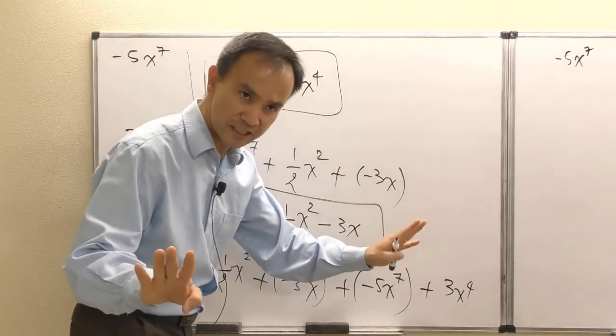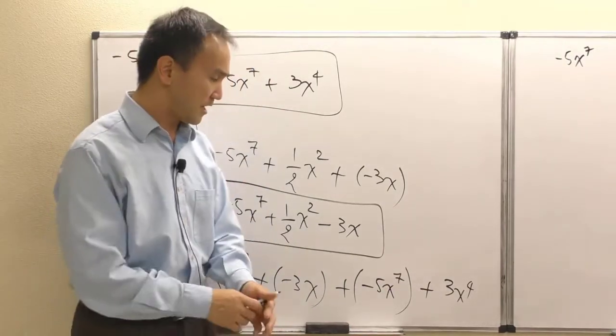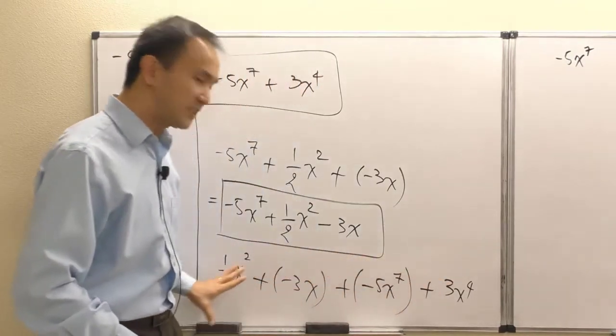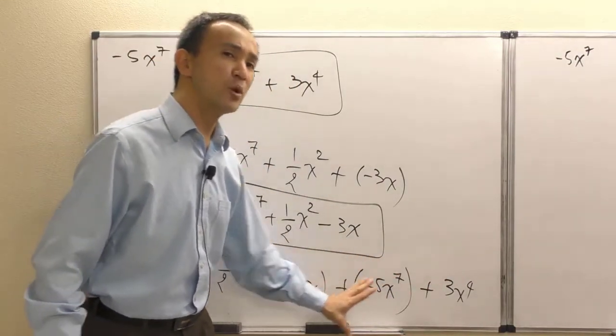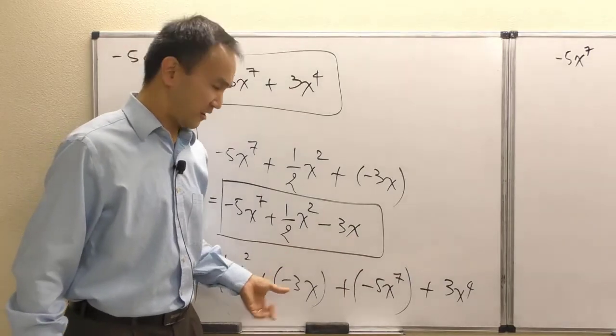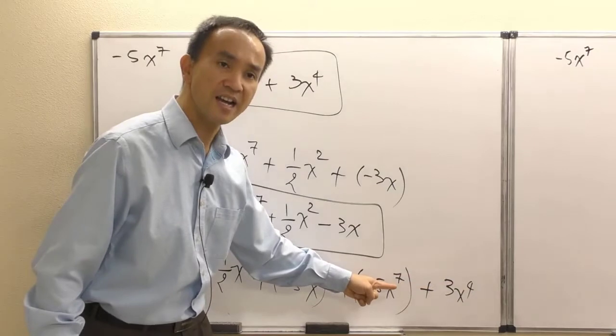I'm not saying that these powers have to be consecutively right below the other ones. But now at least I see among these four terms, among these four power functions that I'm attempting to add to create a new function, that the 3x to the 4th, that power 4, is the next to the highest.